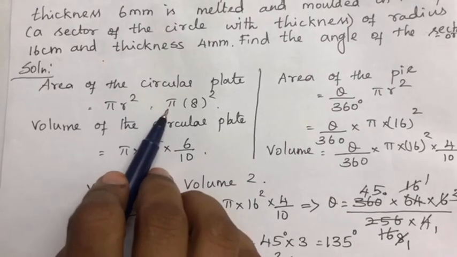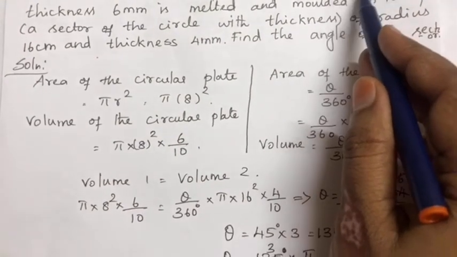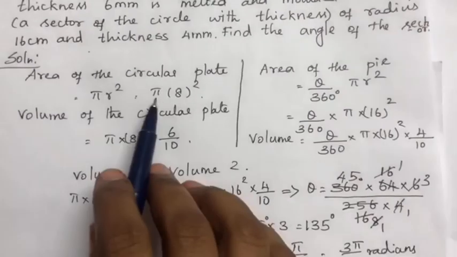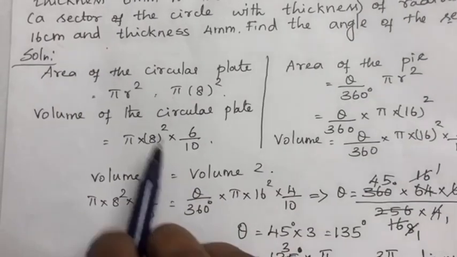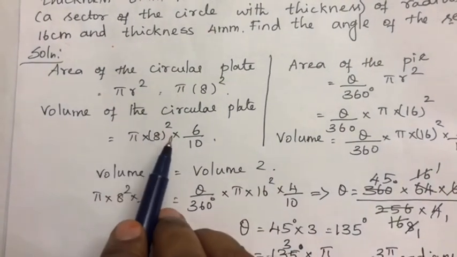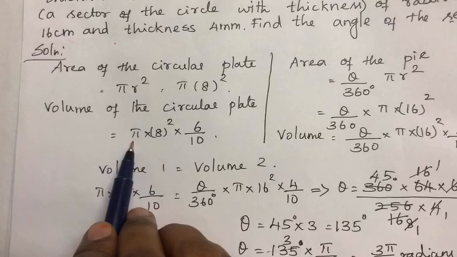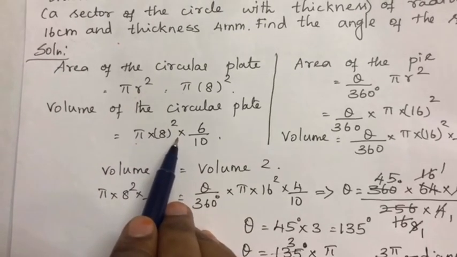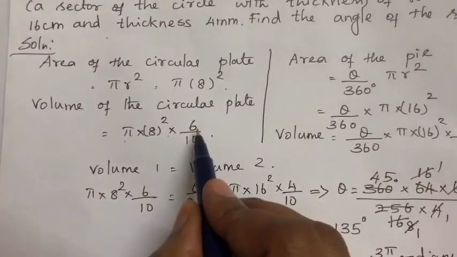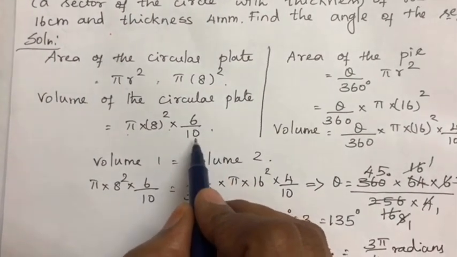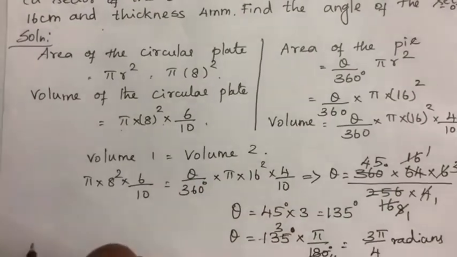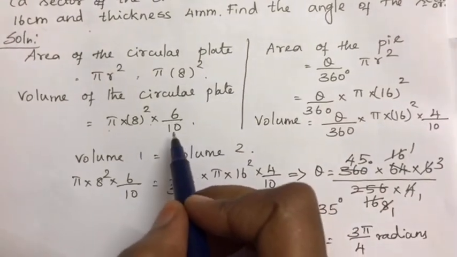That is pi into the circular plate's radius 8, that is r1, 8 centimeter. So, pi into 8 square. And the volume of the circular plate, that is pi r square h, isn't it? So pi into r square into thickness, it is in millimeter. So that is 6 divided by 10 to convert it into centimeter. Okay, 6 divided by 10. It is the volume of the circular plate.